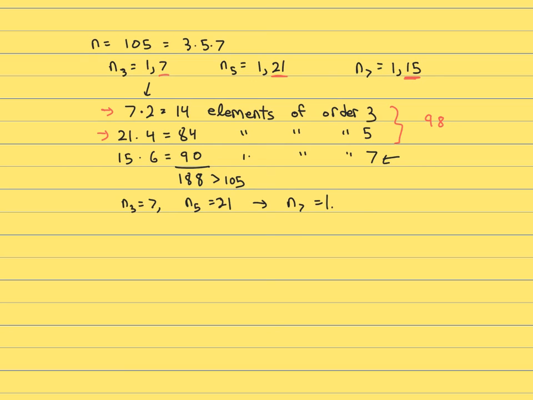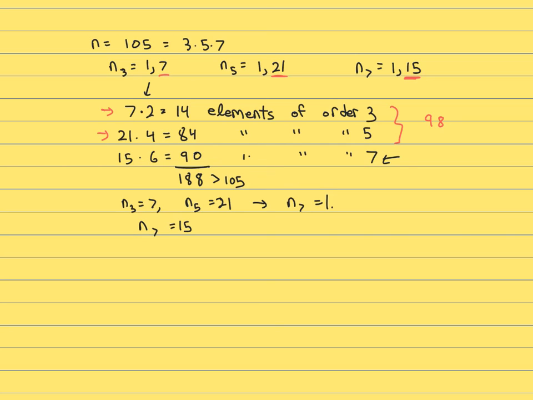Also, from this approach, we see that if n7 were 15, then we have these 90 elements. There's 15 elements left over. And you might remember there has to be a Sylow 3 subgroup and a Sylow 5 subgroup. And together they can generate a cyclic subgroup of order 15.